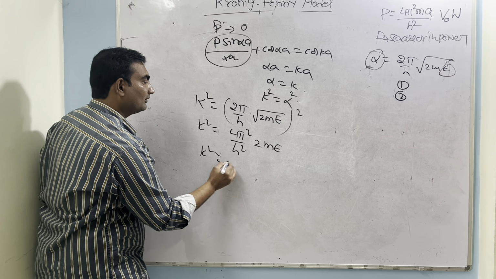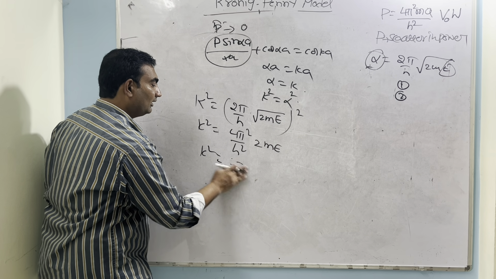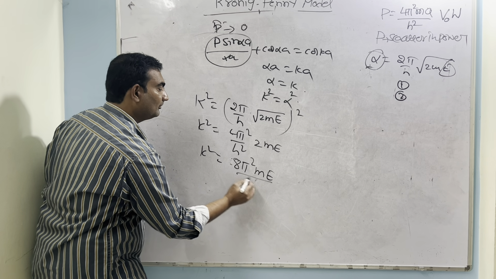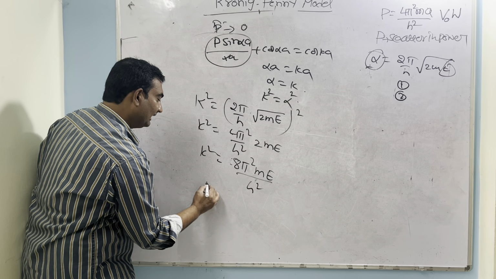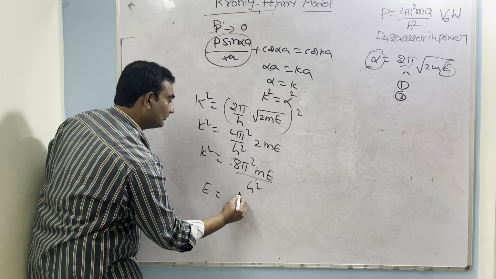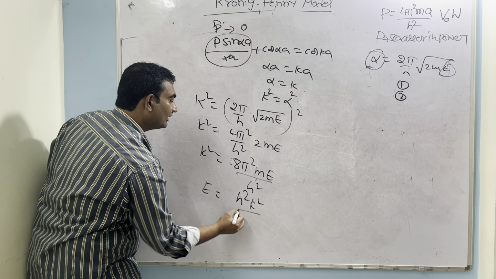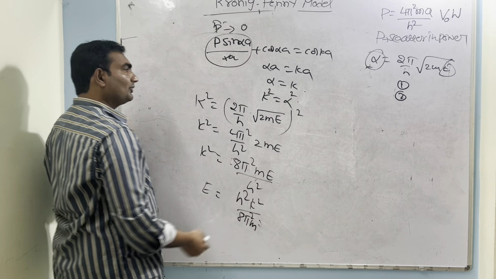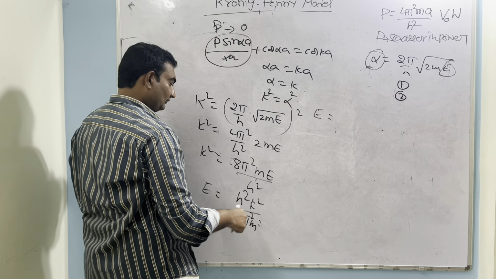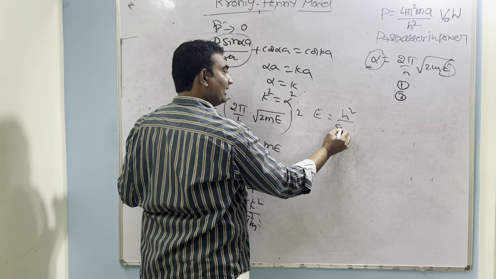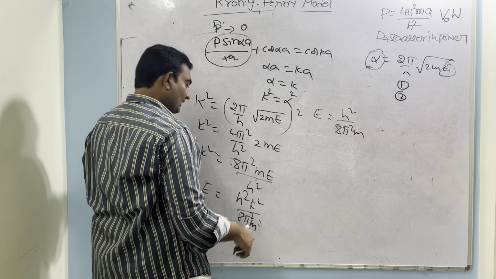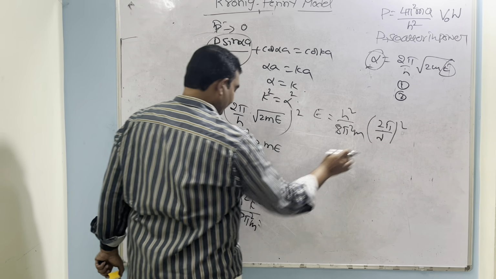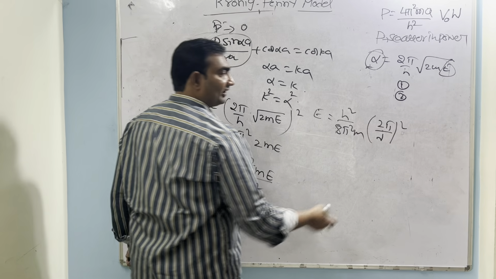So K square is equal to 4 pi square, you can write it as 4 twos are 8, pi square mE by h square. So the energy of the electron E is equal to h square K square by 8 pi square m. Here the energy of the electron can be written as h square by 8 pi square m into K square, where K is equal to 2 pi by lambda, the propagation constant.